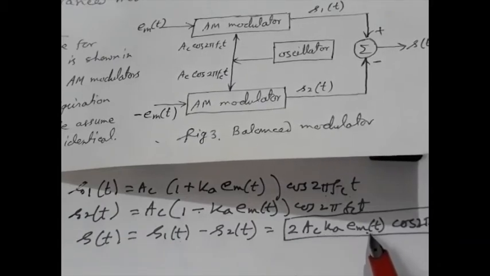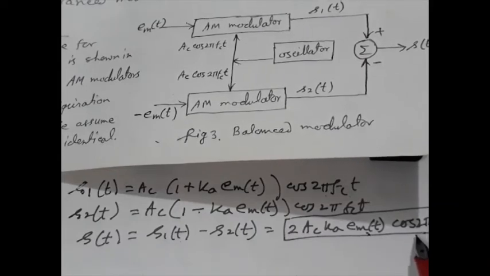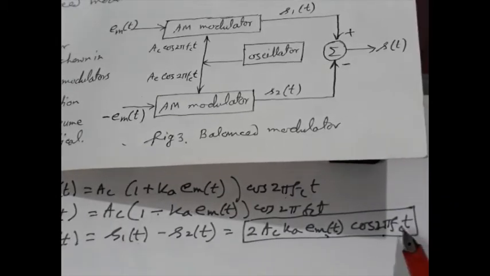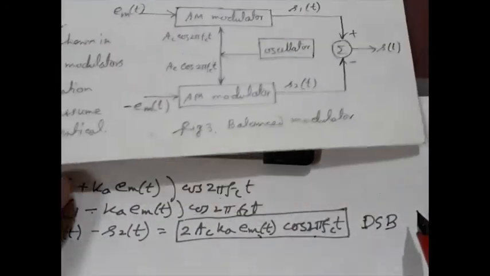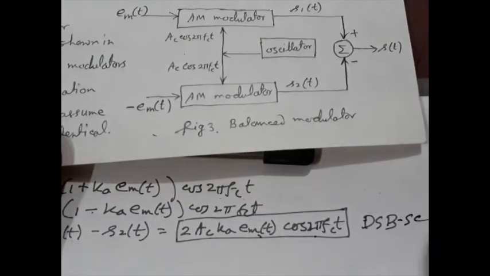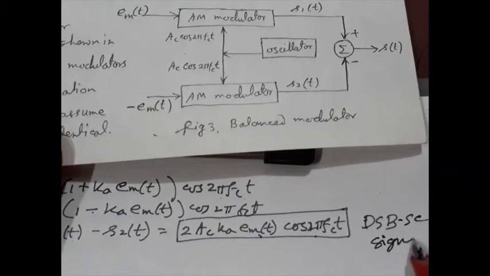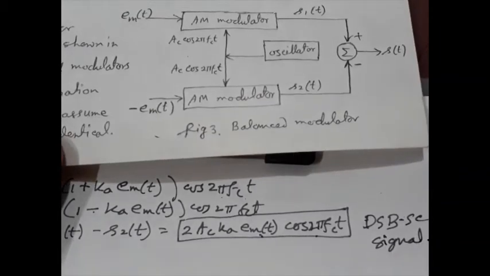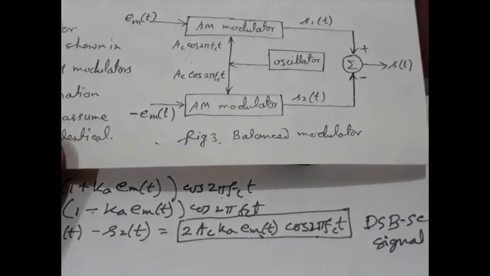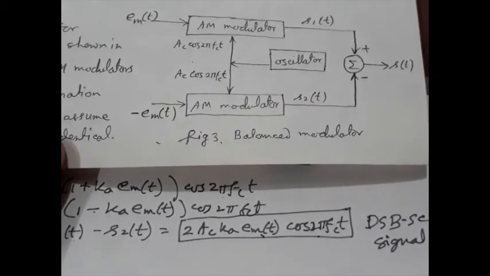But the thing is that the output voltage is the product of the baseband signal and the carrier signal. So this is a DSB-SC signal, and this is the operation of the balanced modulator.